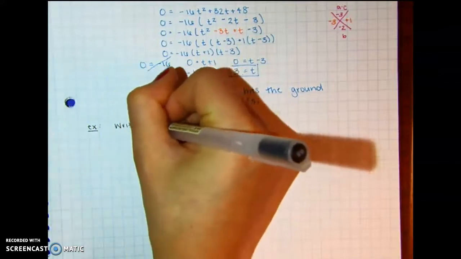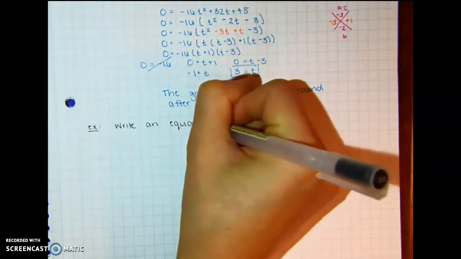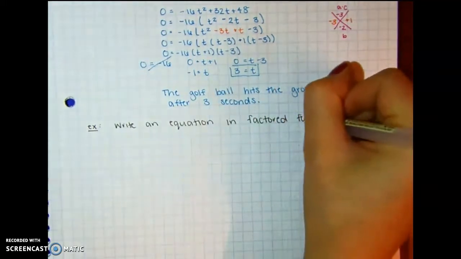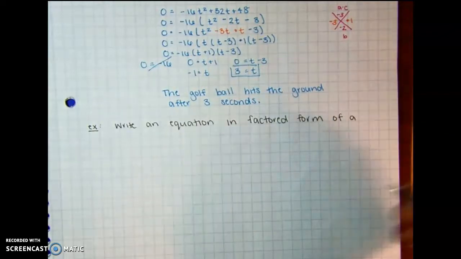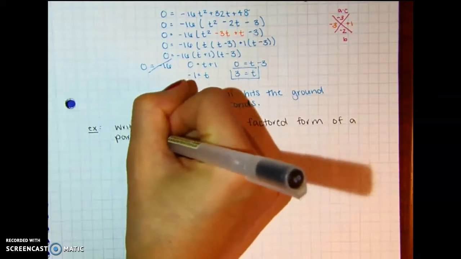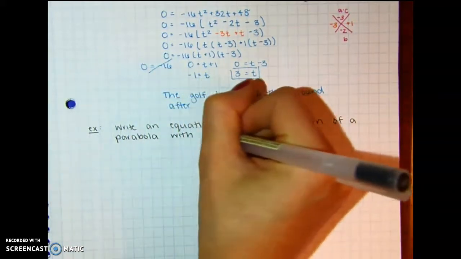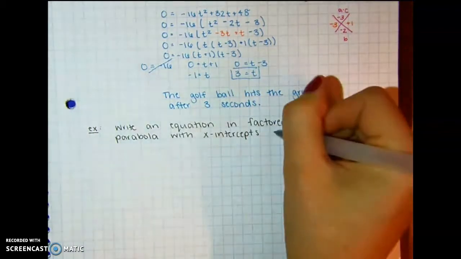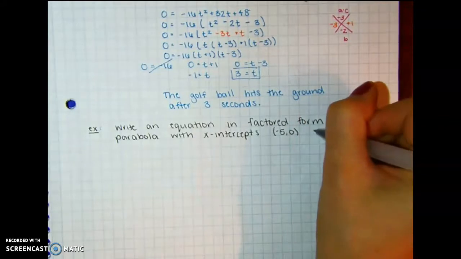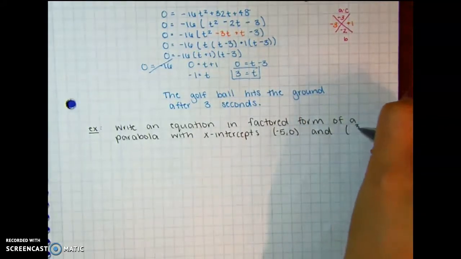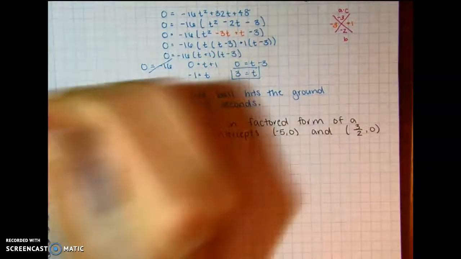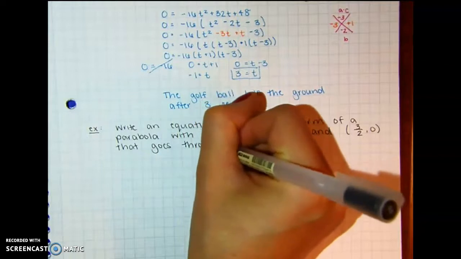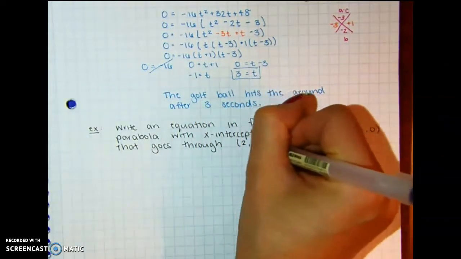Write an equation in factored form of a parabola with x-intercepts -5, 0 and 3/2, 0 that goes through 2 comma 49.